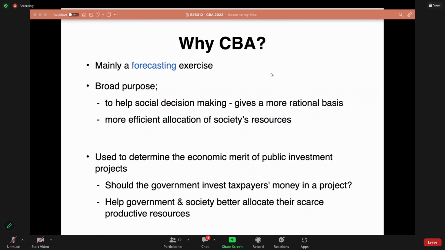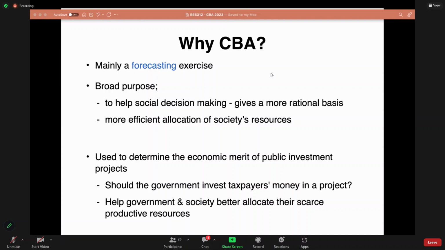So this would be mainly a forecasting exercise, right? And the main purpose would be to help in social decision making. So government and public sector entities can make decisions using a more rational basis, whether to undertake a particular project or not.